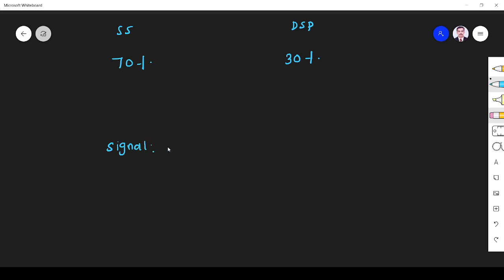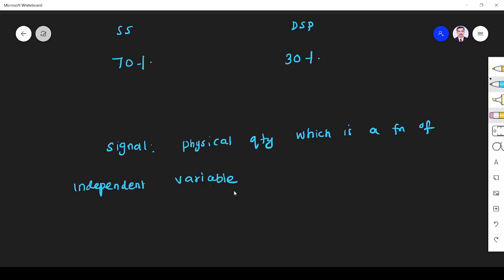What is a signal? A signal is a physical quantity which is a function of an independent variable. What about a system?